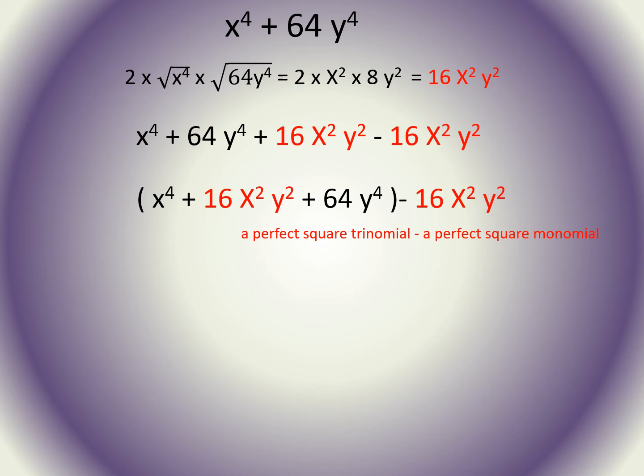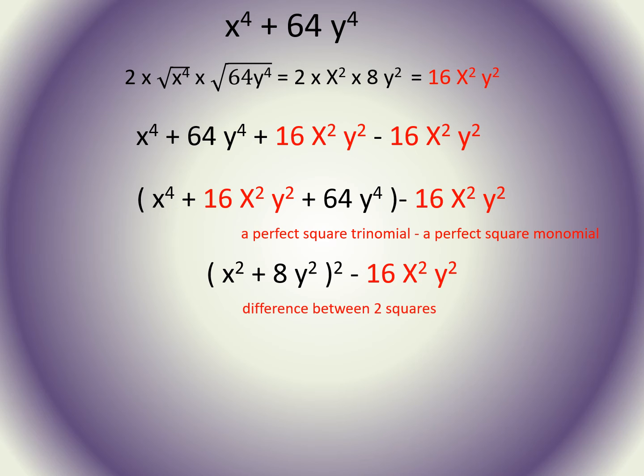Let's write it as difference between two squares, like this. The square root for the first, the square root for x power 4 is x power 2, and the square root for the last, the square root of 64 y power 4 equals 8 y power 2, all power 2, minus the second term 16 x power 2 y power 2.